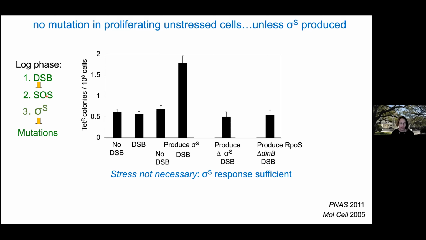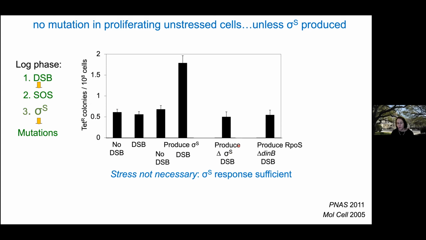It will induce the SOS response. But if we look at the frequency of TET-resistant colonies, there's no increase with double-strand breaks compared to no double-strand breaks. However, if he artificially produces just a tiny little bit of that transcription activator, sigma S, he gets mutagenesis, and of course it's sigma S and DinB dependent.